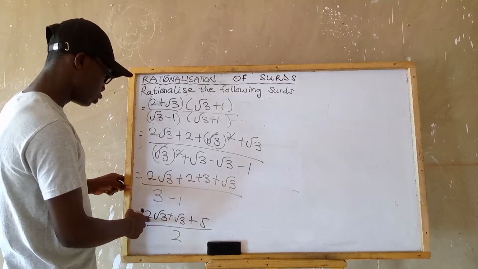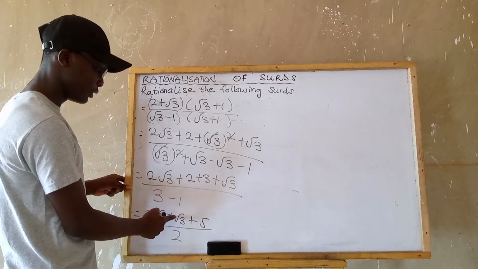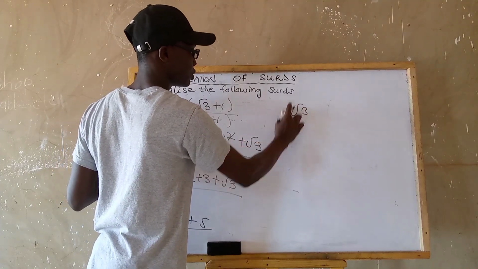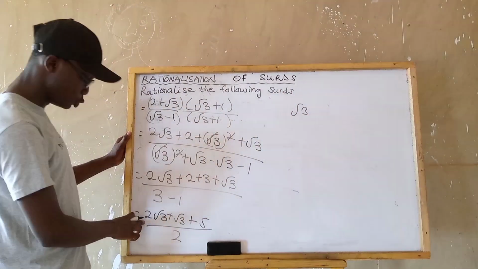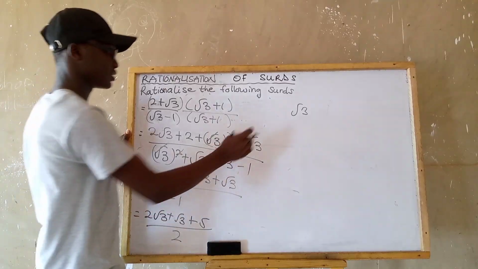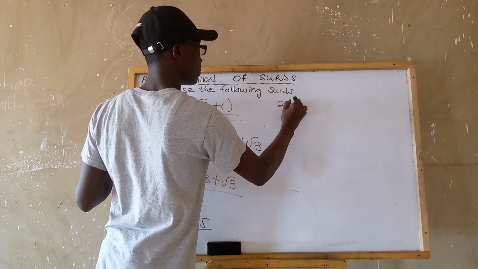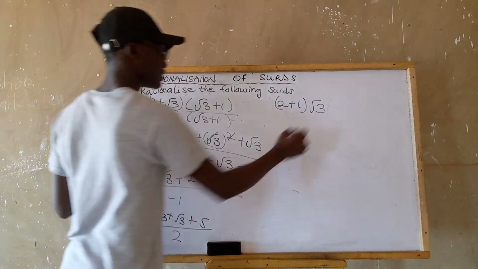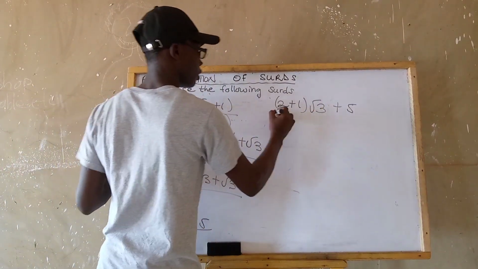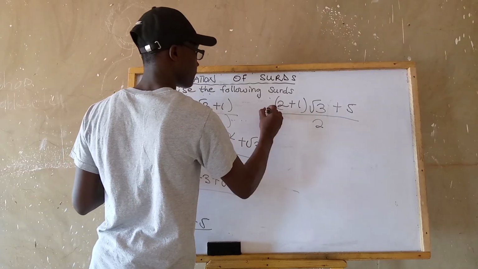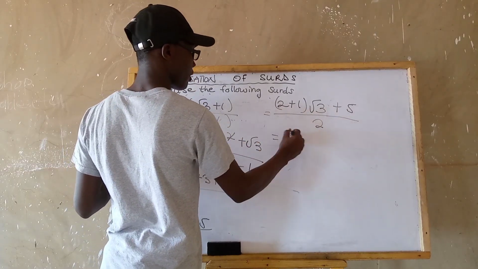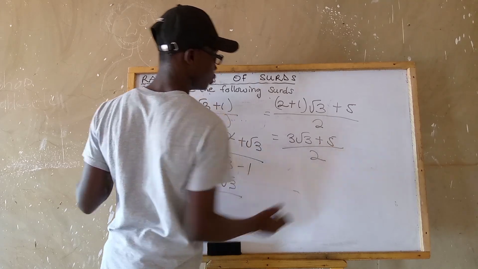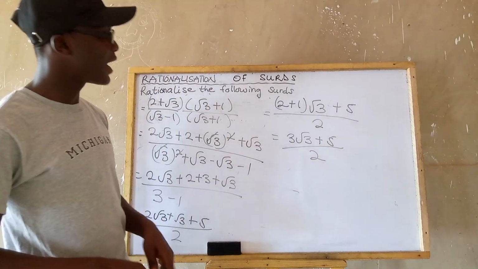So you have 2 plus 1, the 1 in front of the root 3, which you don't write, but there's a 1 there. So 2 plus 1 root 3 plus 5 over 2. Now we have 3 root 3 plus 5 over 2 as our final answer.